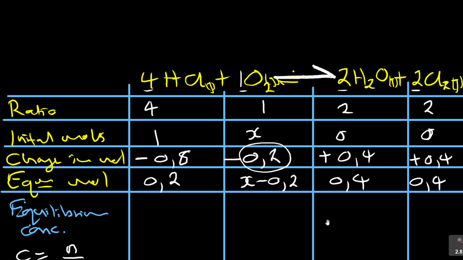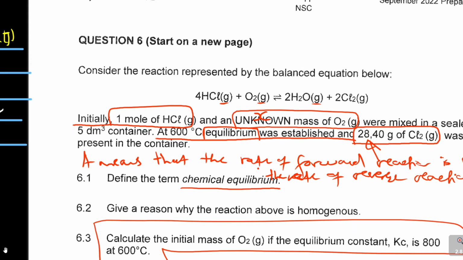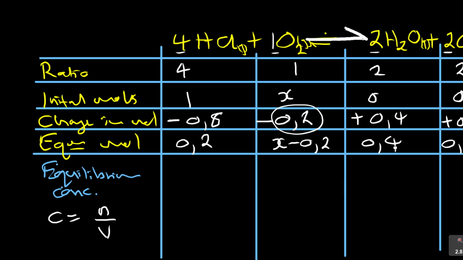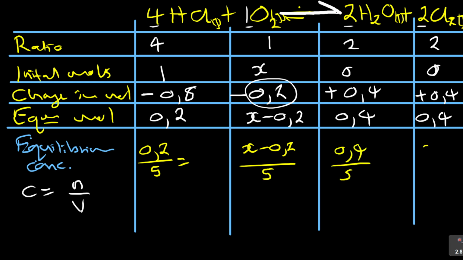Then, what was the volume? Let's check the volume. They told us 5 dm cubed container. So we can literally get the concentrations now: 0.2 over 5, and then x minus 0.2 over 5, 0.4 over 5, and 0.4 over 5. It must be giving us the answers.